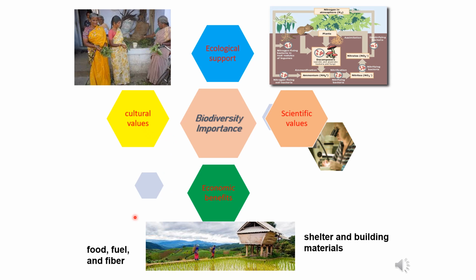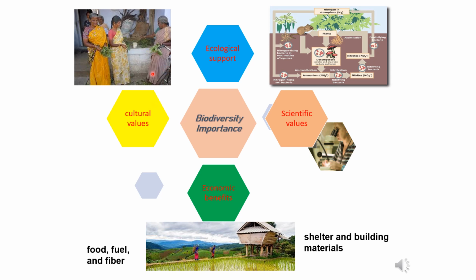If we see the economic benefits in detail, we get direct benefits from biodiversity like food, fuel and fiber, and indirect benefits, as from the products of biodiversity we are able to develop building materials and make shelters for our survival. And by making products, we earn money, that is economic benefits. So here we get direct and indirect economic benefits from biodiversity.